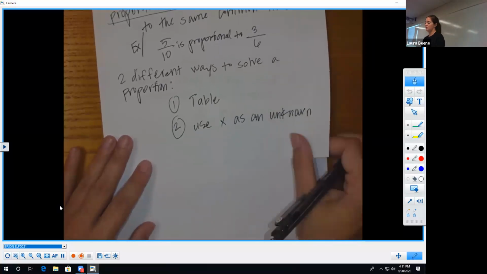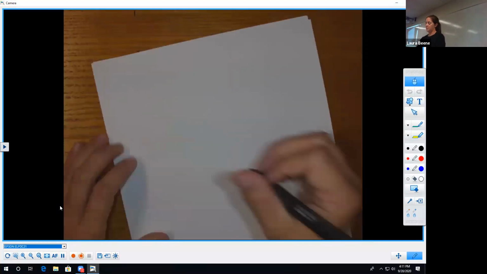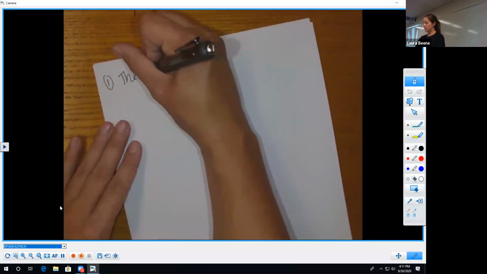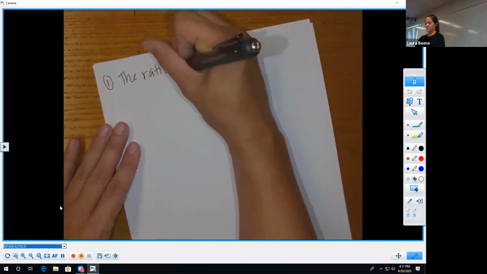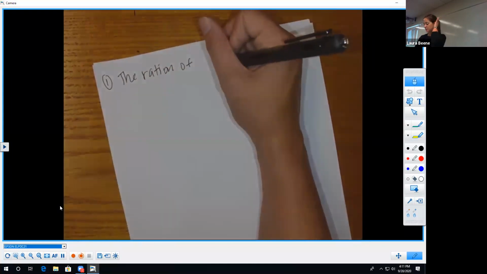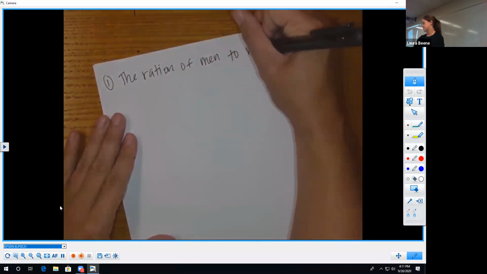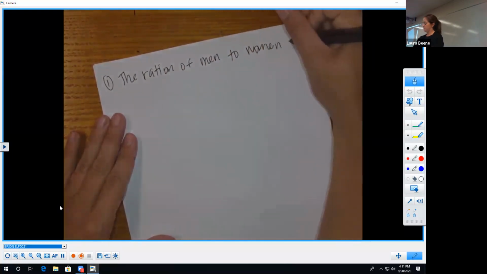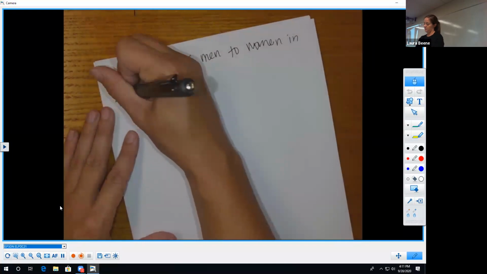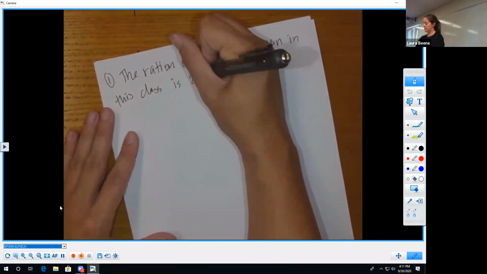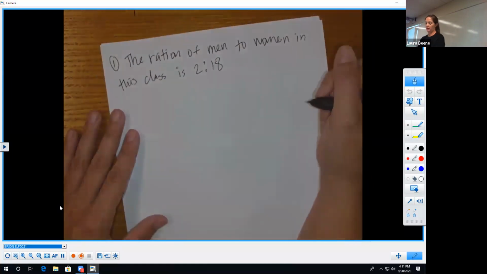Okay, so let's get our first problem. If, for example, we said the problem was the ratio of men to women in this class is 2 men to every 18 women in a class.